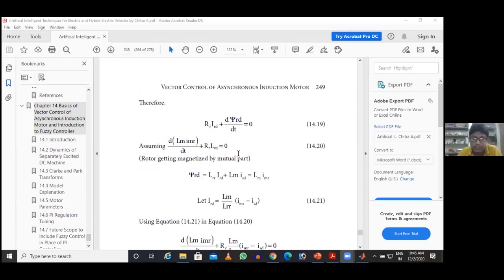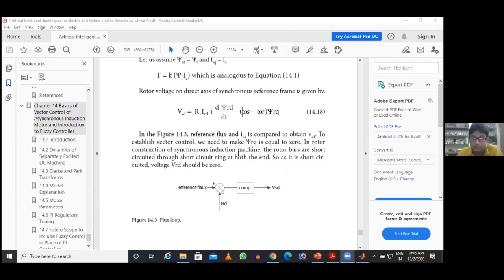Now I am coming slightly to the implementation. I'll not go in depth of that because today our target is to apply machine learning, so that I will concentrate on. So this is your direct axis. Here I have to set the reference flux, which is given by the machine manufacturer.